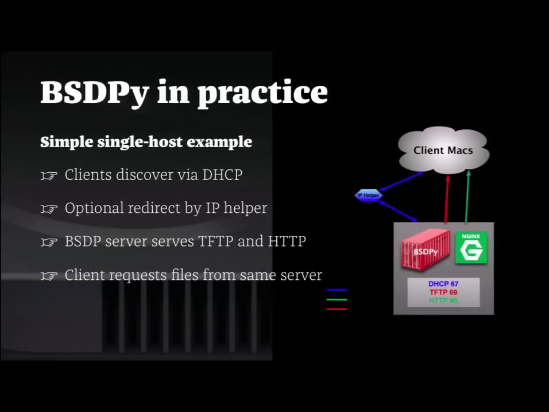Optionally, if you need it, there's an IP helper on the side that helps reach the BSDPy server. In this case, the BSDPy server does all of the work, so it serves DHCP/BSDP on port 67, TFTP on 69, HTTP on 80, and is self-contained and very simple, in single subnets, or if you have the ability to use IP helpers, multiple subnets as well.